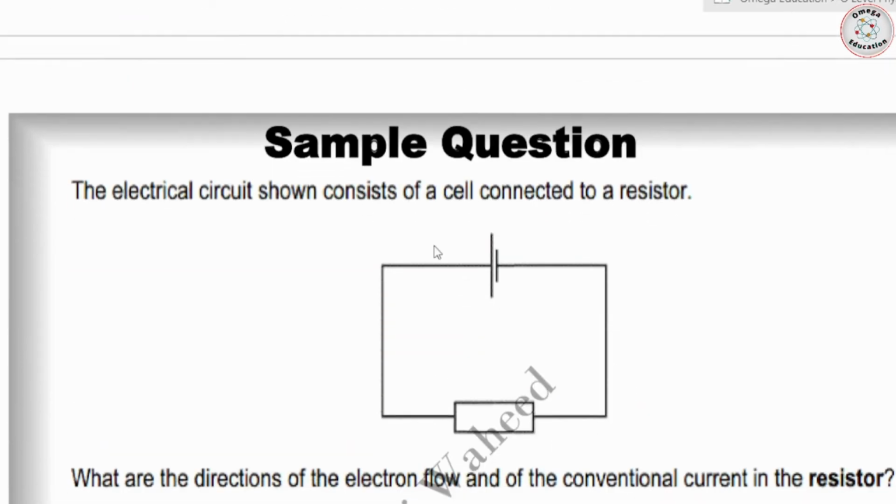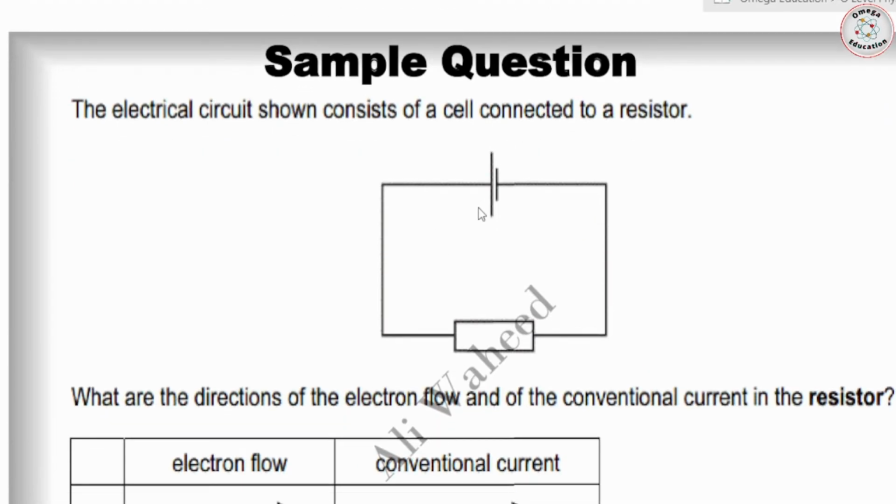All right, here we have a sample question that is related to the topic that we studied. The electrical circuit shown consists of a cell connected to a resistor. As we move towards the next slides, we'll learn these symbols and practice these components in the circuit as well.